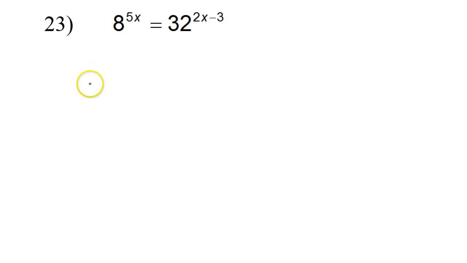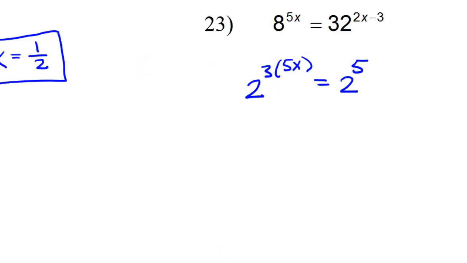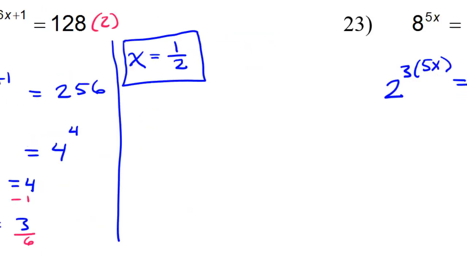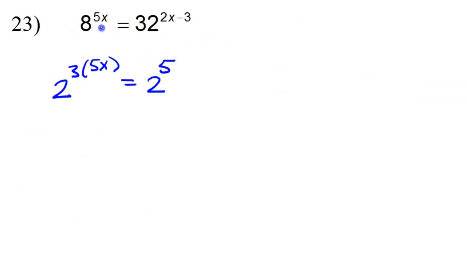So this part that's left over, the 5x, we're just going to put that in parentheses. And the 2x minus 3, again, I'm going to put that in parentheses.